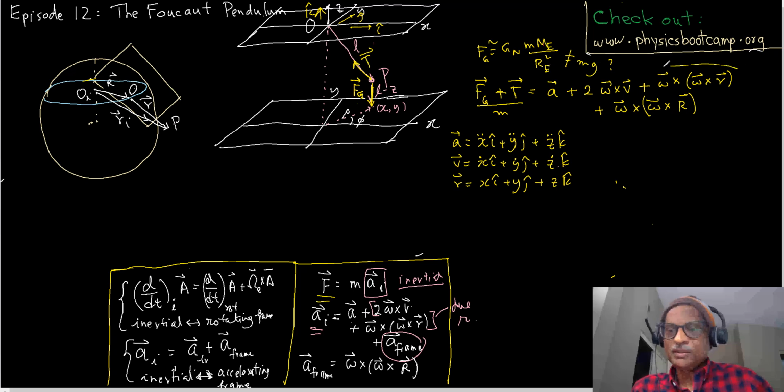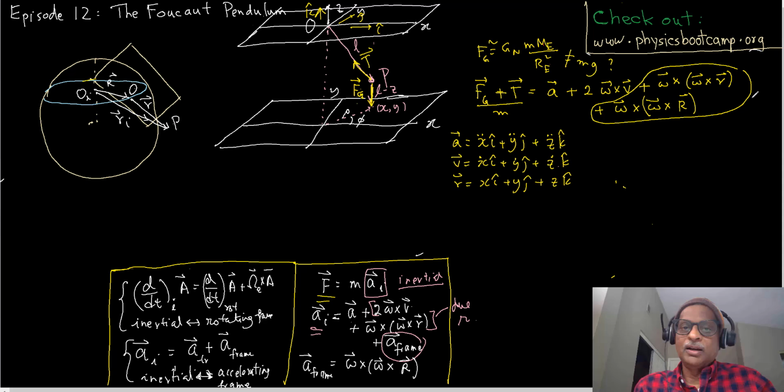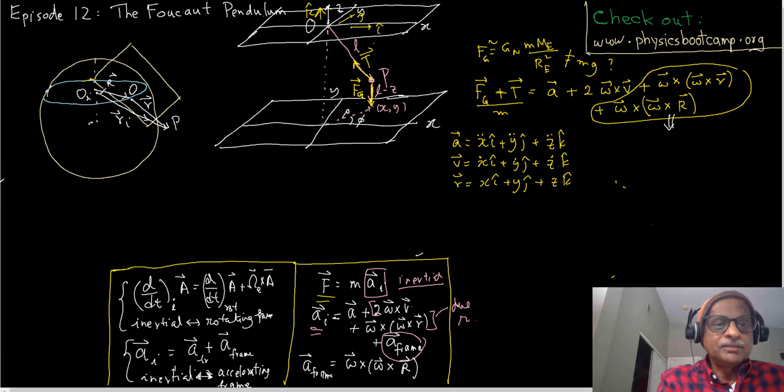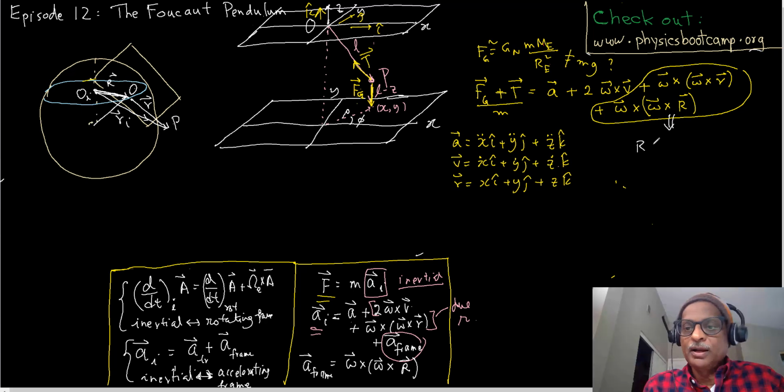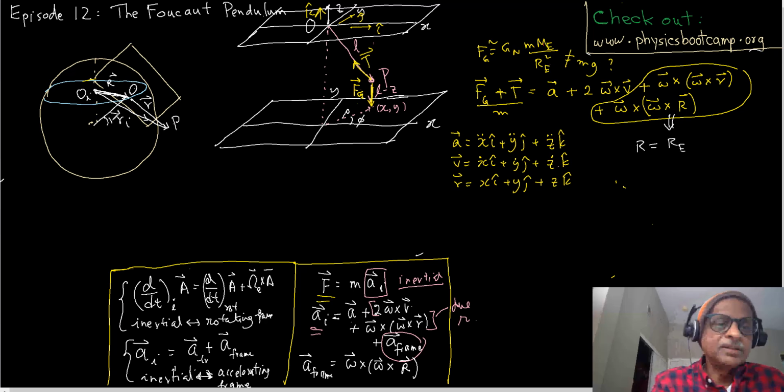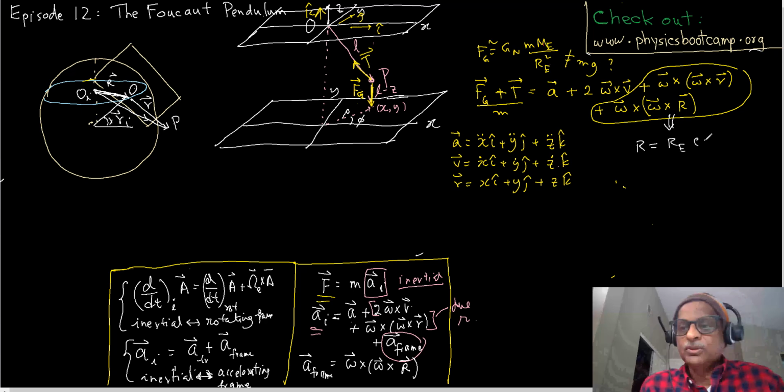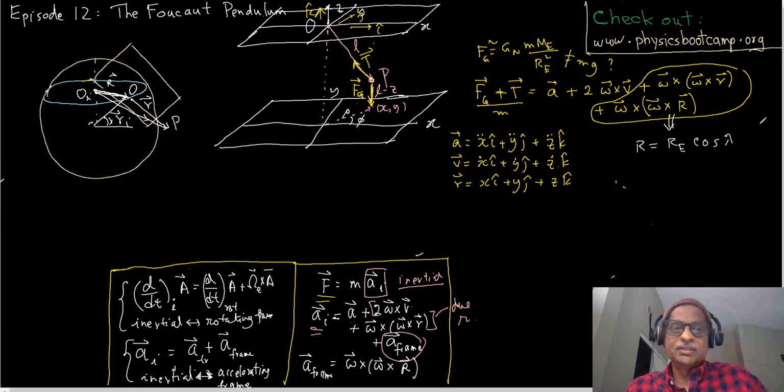First note is that this r is this distance, and r is the radius of Earth, and this is lambda, so cosine lambda.